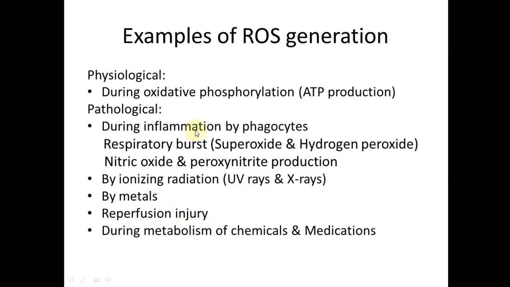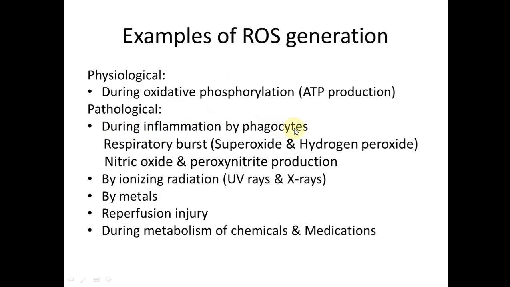Now, as I said, free radicals are produced during oxidative phosphorylation, where the electron transport chain results in the formation of ATP by the ATP synthase enzyme. The pathological conditions where free radicals are produced include inflammation.